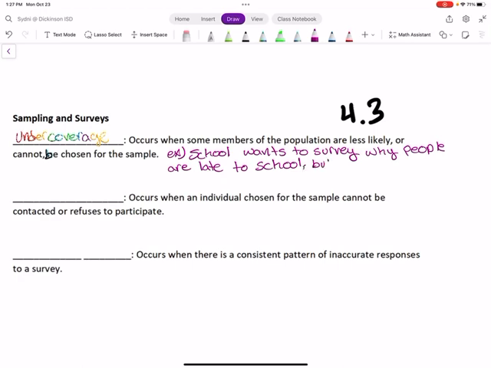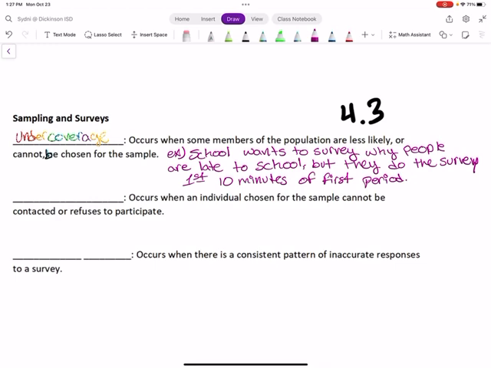But they do the survey during first period, let's say maybe the first 10 minutes of first period. Now you kind of have to think, is anyone being left out?